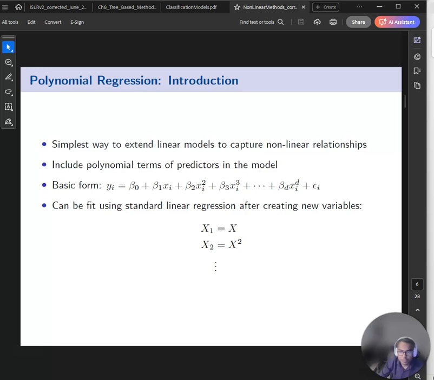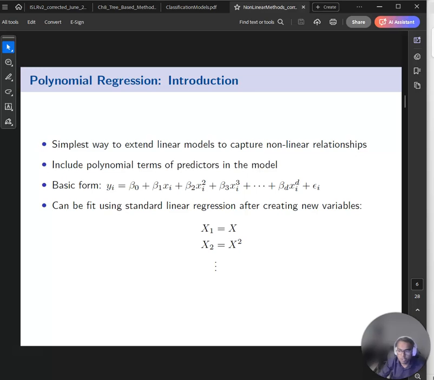So let's start with the first one, polynomial regressions. This is perhaps the simplest way to extend linear models to capture nonlinear relationships. The concept is straightforward. Instead of just including our original predictor variable x, we also add polynomial terms of this predictor to our model. And in fact, you have done some version of that in your previous exercises.